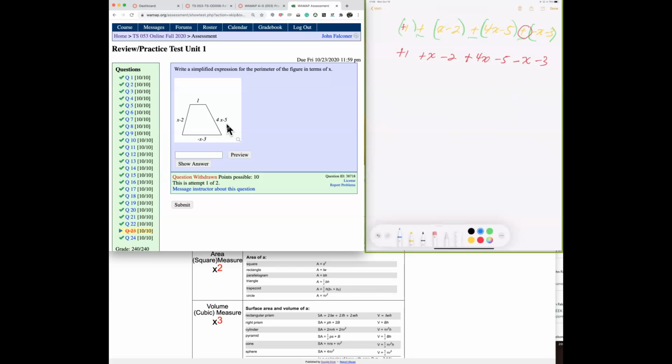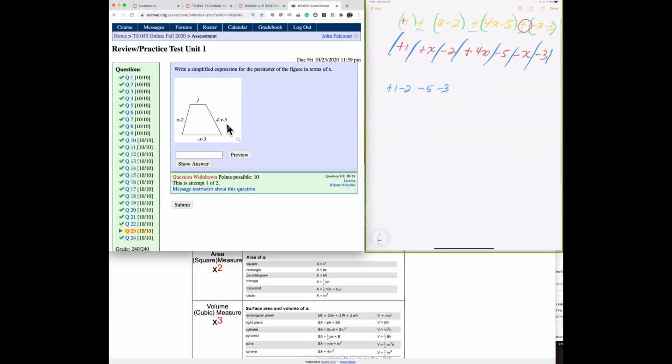What I like to do is just chop them. So what numbers can come together? We have positive 1, negative 2, negative 5, negative 3. Okay, so 1 minus 2, negative 1, minus 5, negative 6, minus 3, negative 9.